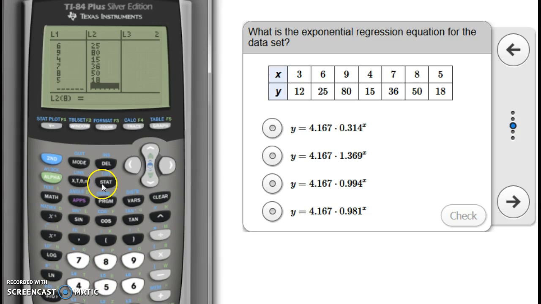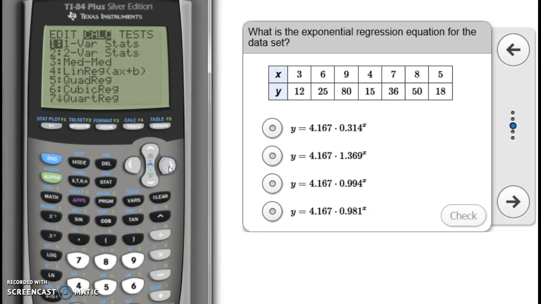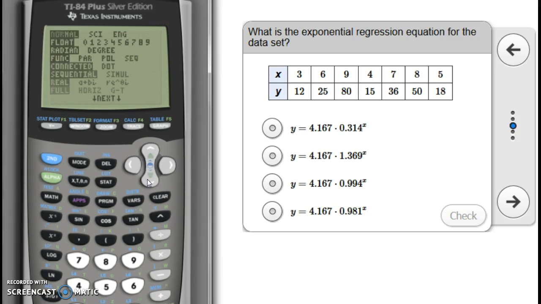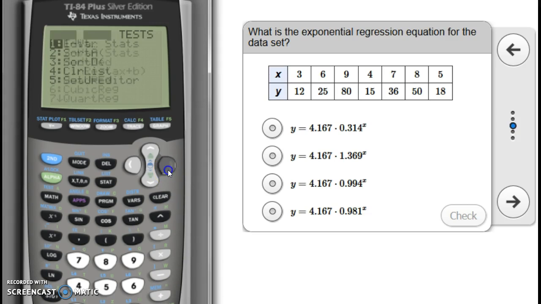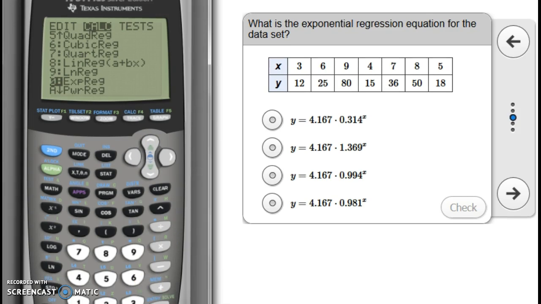All right, and we will simply go back to stat, calculate, and all the way down to exponential regression.